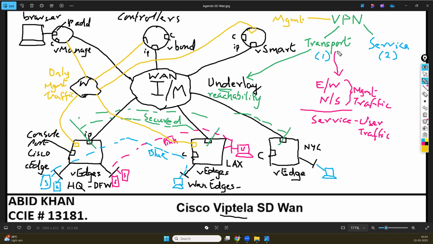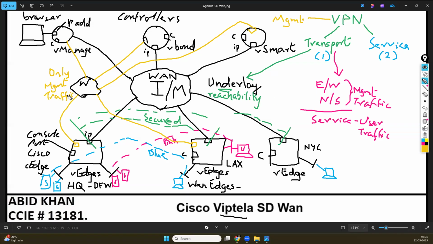So transport VPN can carry management traffic also, or if we want the management traffic to be kept separate, then for that also we will have a VPN. So altogether we have three types of VPN: transport VPN, management VPN, and later on finally service VPN.